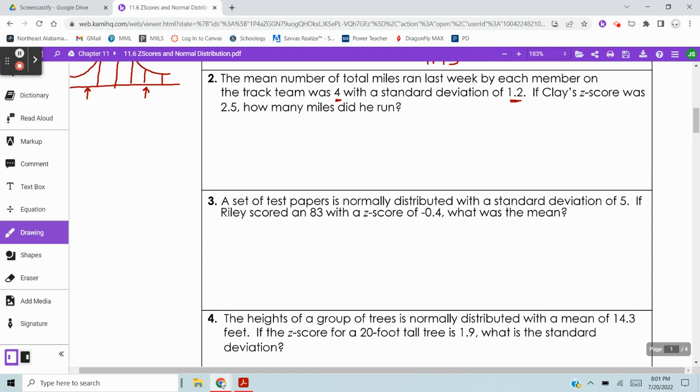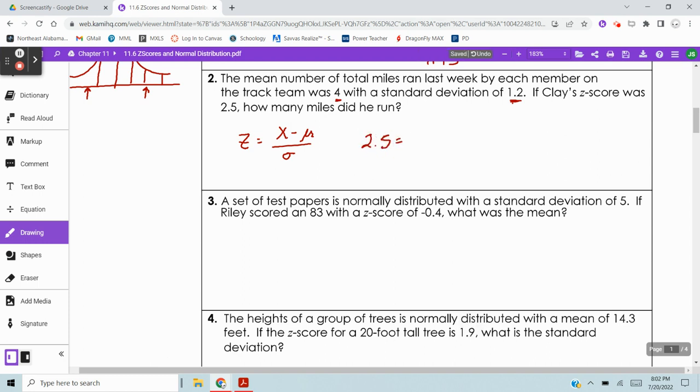We can start with the actual formula that we use to calculate z-scores. A z-score is your actual value, which is what we're looking for here, minus our mean, divided by the standard deviation, and plug in the values that you actually have. The mean was 4, standard deviation is 1.2, and the z-score is 2.5.